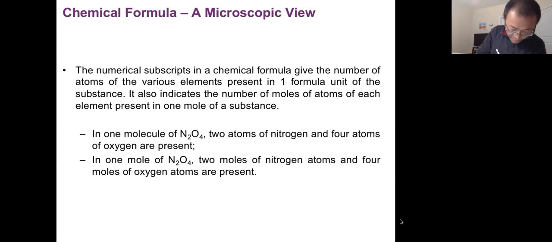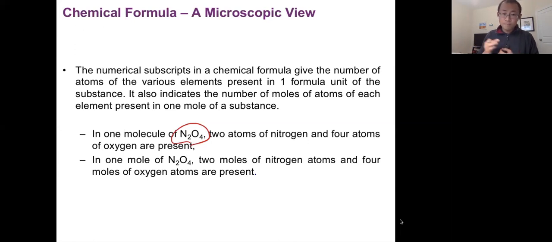For example, N2O4, the example given here. What does N2O4 mean? It means in one molecule of N2O4, there are 2 nitrogen and 4 oxygen atoms.